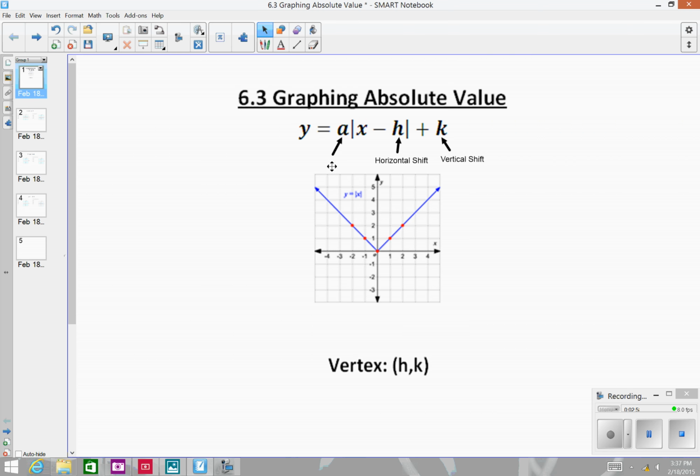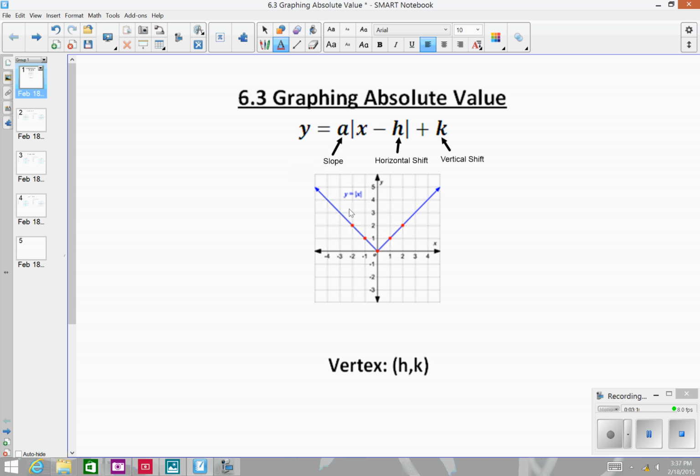So our A value is going to adjust how narrow our graph is and how wide our graph is. In this case, we are going to say that our A value is like our slope. So we have those three items.